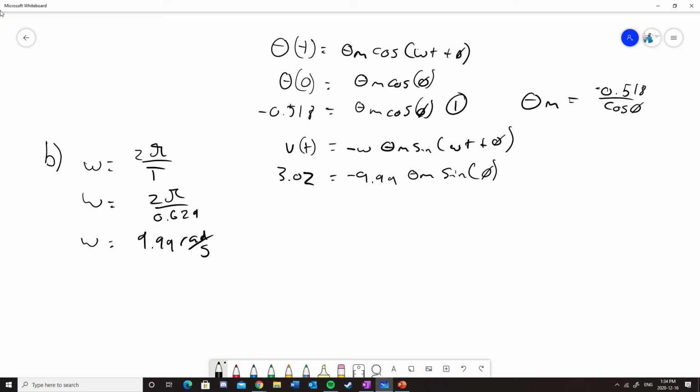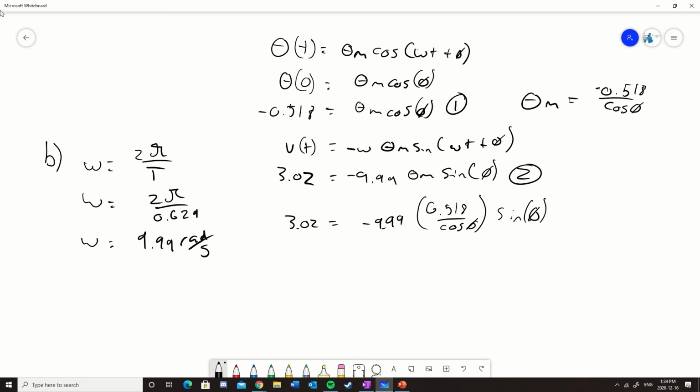And now we can take this and sub it into our second equation here and write that as 3.02 equals negative 9.99 times negative 0.518 over cos phi times sine phi.